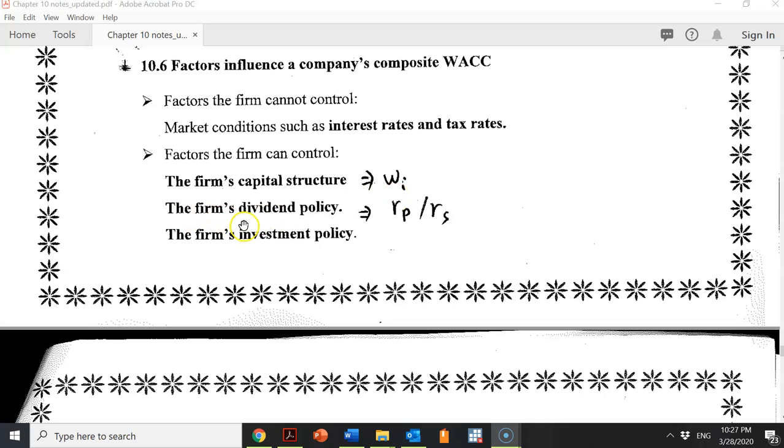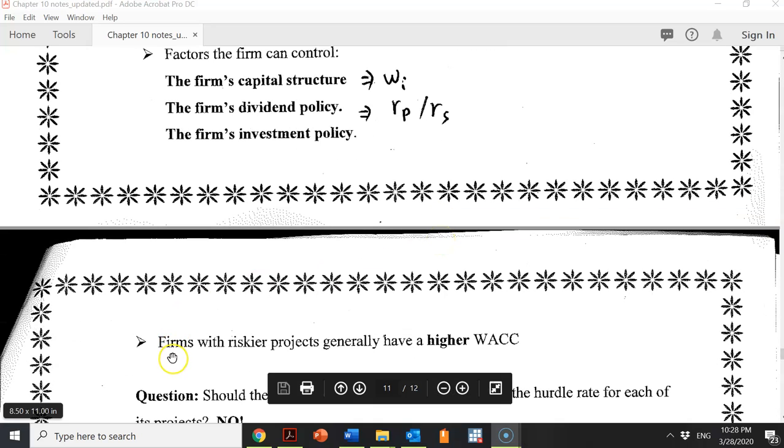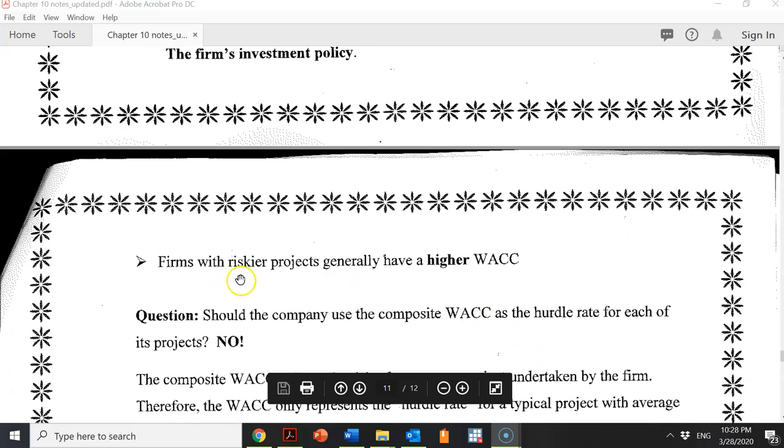The firm can decide on its dividend policy, so that will affect the cost of preferred stock. The firm can also change its investment policy, so that can affect the cost of common equity. Firms with riskier projects generally have a higher WACC because the higher the risk, the higher the return, or the higher the cost.